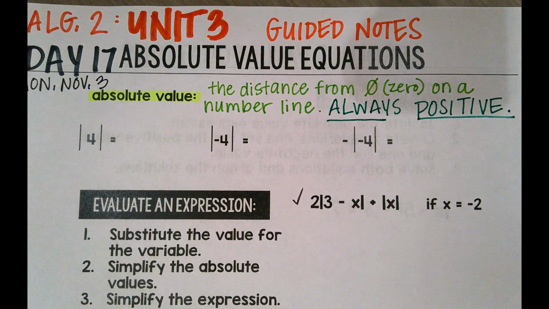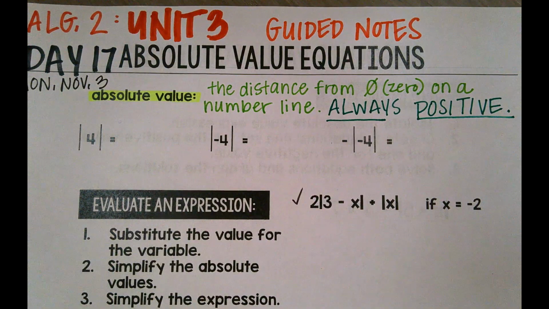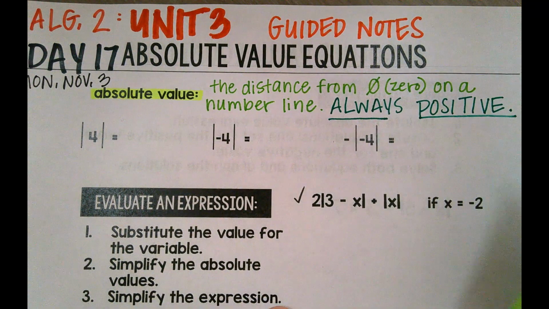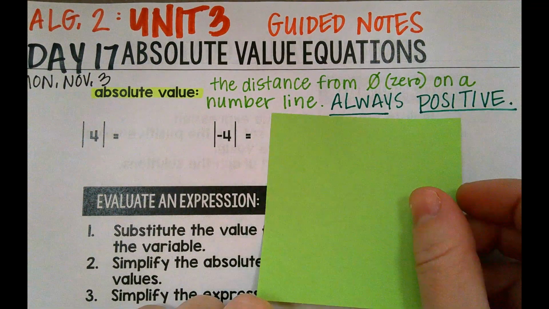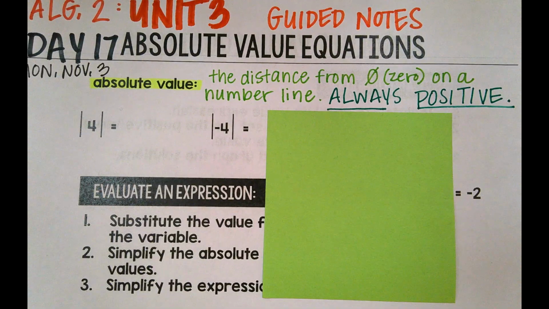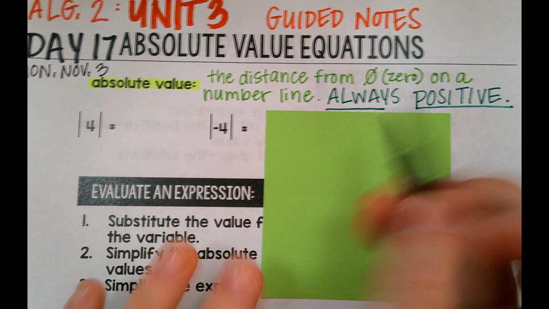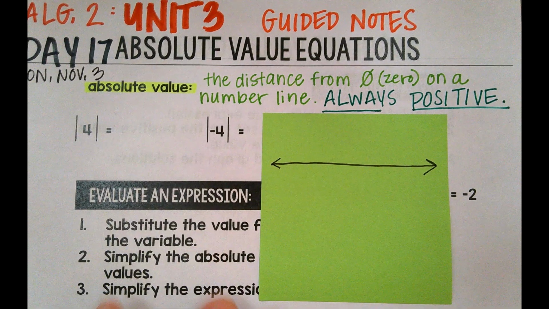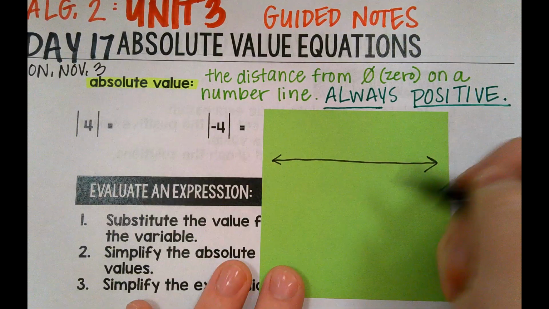Let me pause this real quick. One of my favorite ways to explain absolute value is by looking at a number line. So I'm going to take a sticky note and draw a number line. If any of you need more sticky notes at your tables, just let me know. I'll start by drawing a line with arrows on each end.